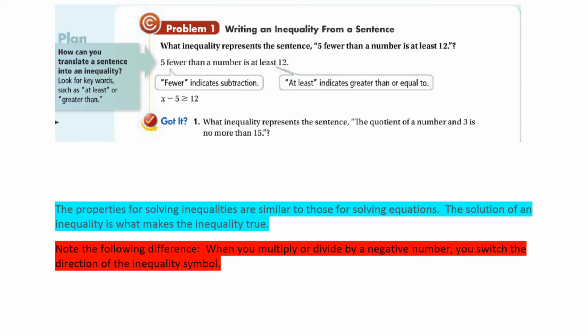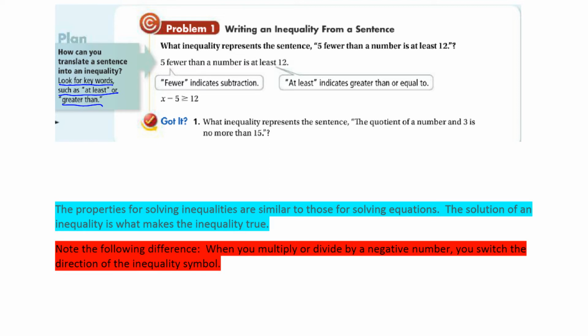In problem 1 here, writing an inequality from a sentence, it asks us what inequality represents the sentence 5 fewer than a number is at least 12. Just like we did when we wrote algebraic expressions, we want to look for keywords such as at least or greater than.